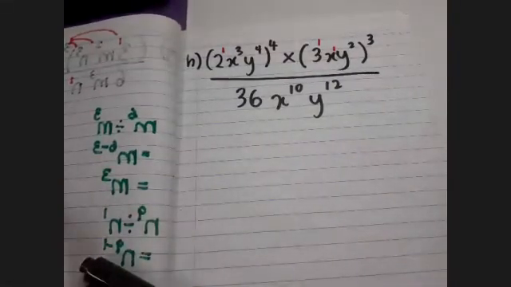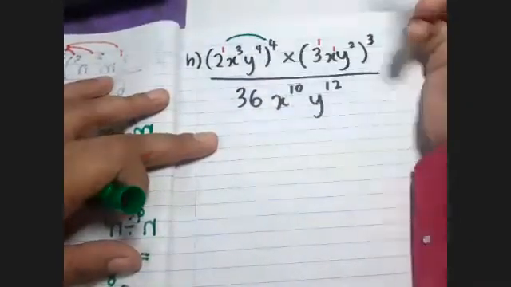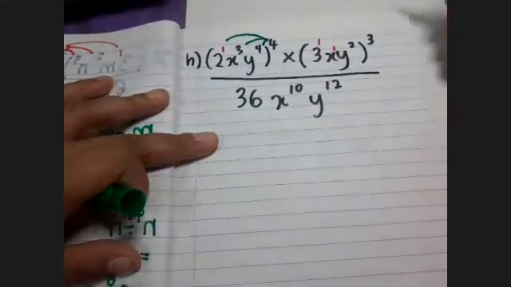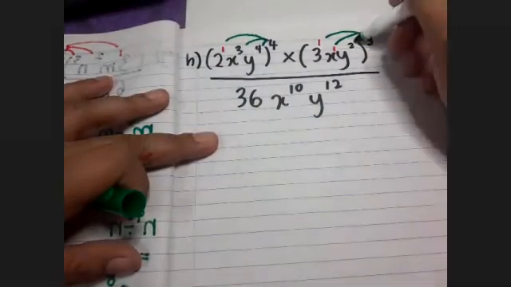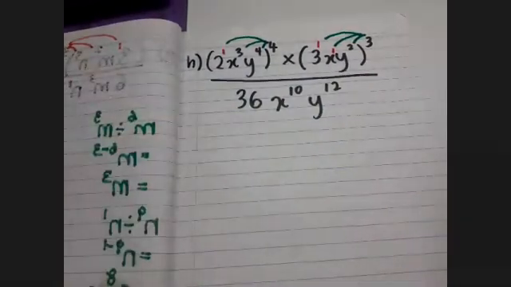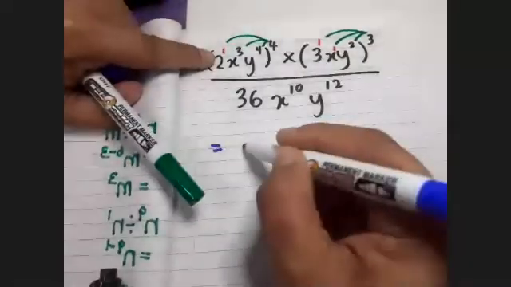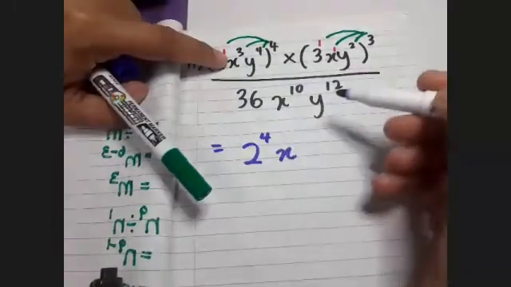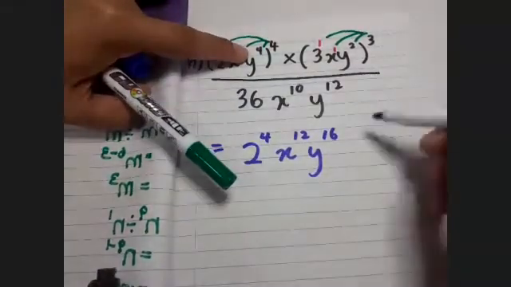Then you multiply the index. 1 multiply 4, 3 multiply 4, 4 multiply 4. And here 1 multiply 3, 1 multiply 3, 2 multiply 3. So you get 2 power of 4, x power of 12, y power of 16.